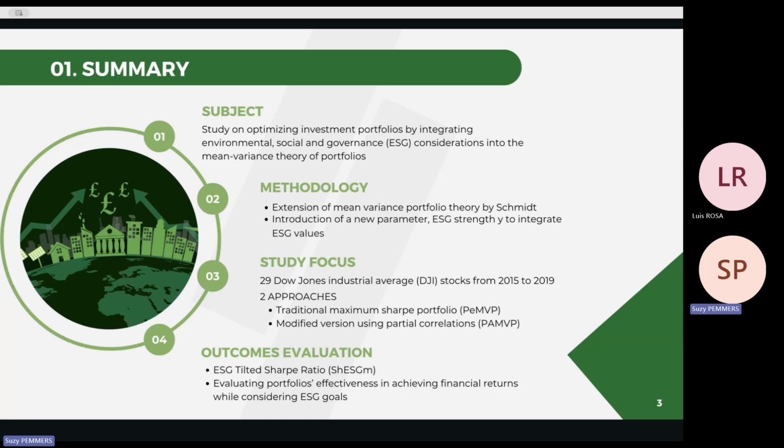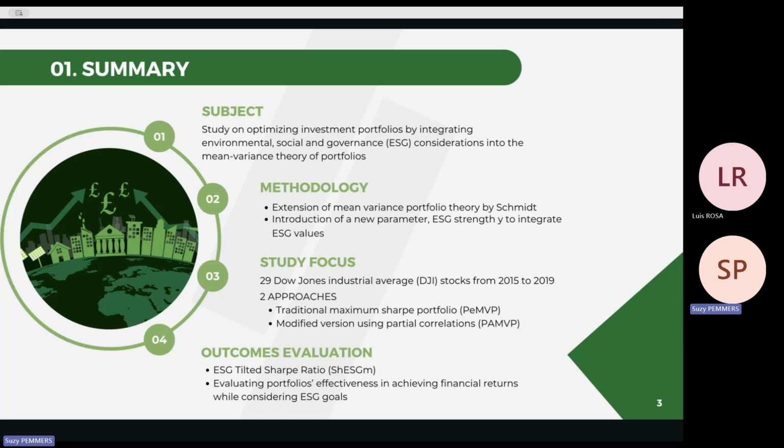So about the summary. The study is on optimizing an investment portfolio by integrating environmental, social, and governance (ESG) considerations into the mean variance theory of portfolio.